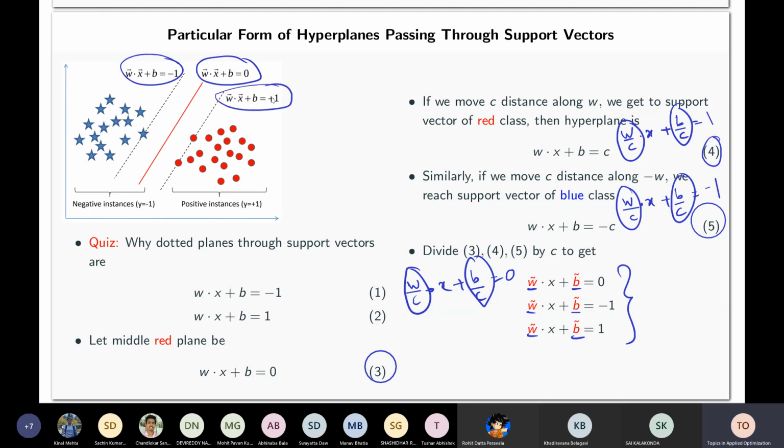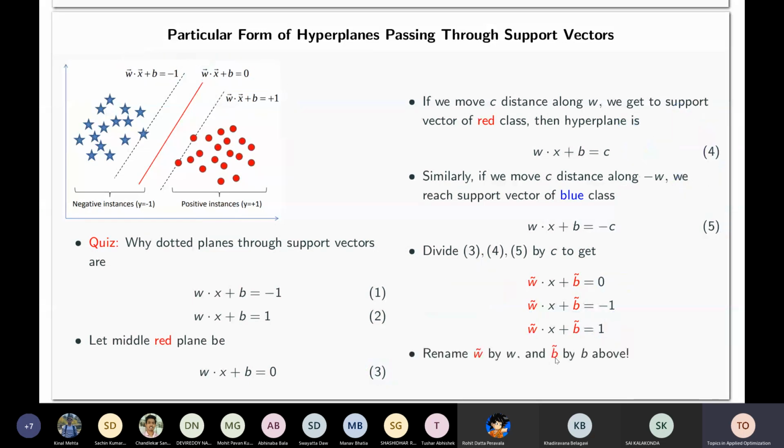Okay, the proof is right in front of you that at the end of the day, W and B were variables anyway. So I can substitute W tilde and B tilde to again W and B because they are variables anyway. What was important was that it can be written in this form. So rename W tilde by W and B tilde by B above and done.